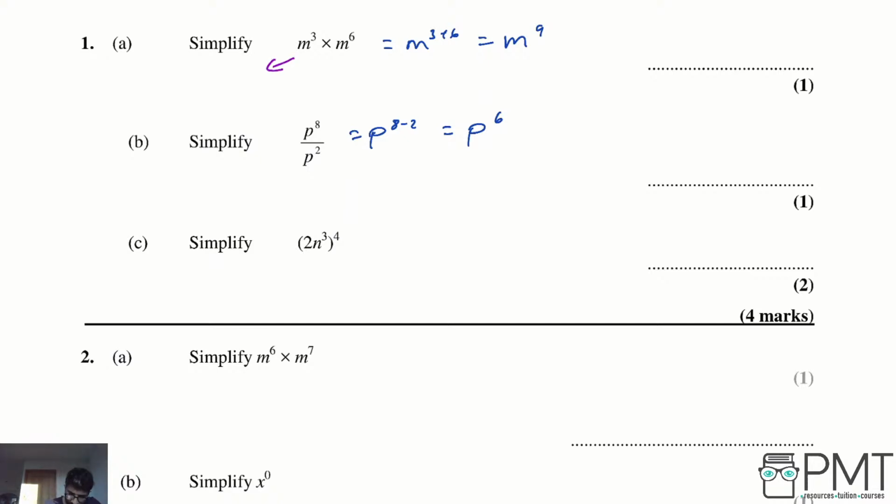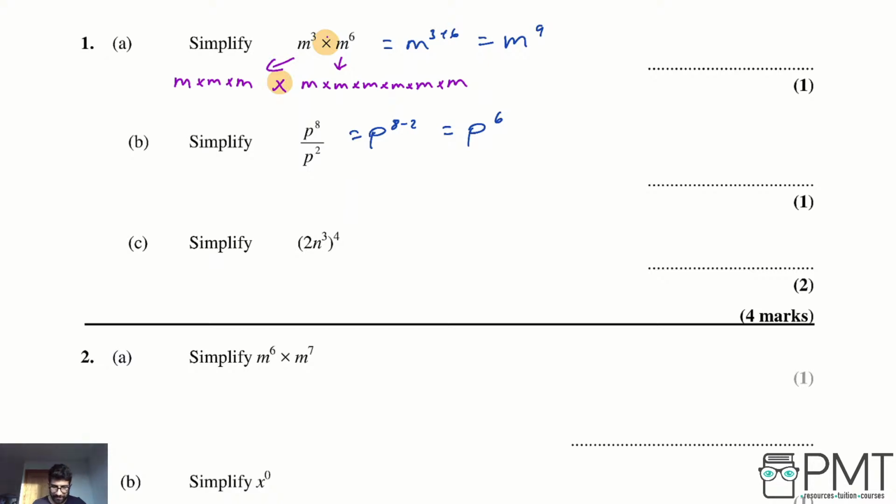M to the power of 3 is m times m times m. And then, what's m to the power of 6? Well, it's m times m times m, and this just goes on 6 times. So what this is telling you is to multiply those two things together.